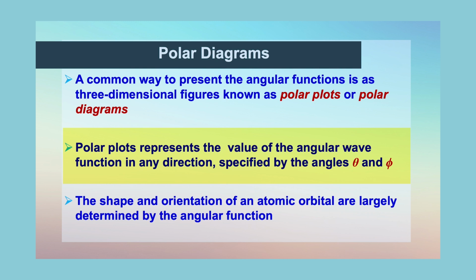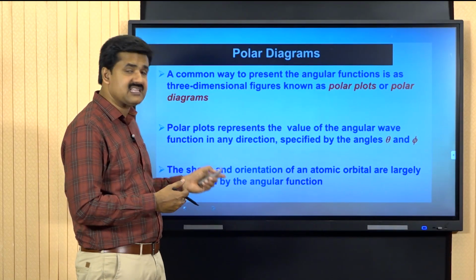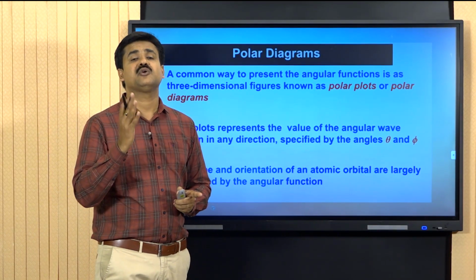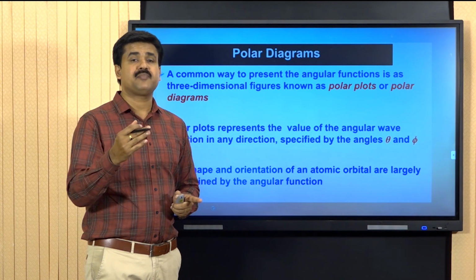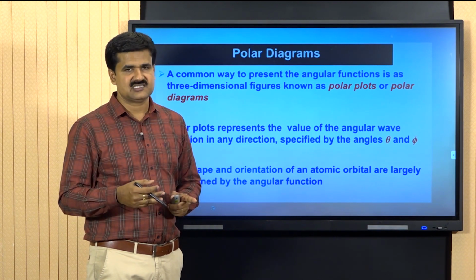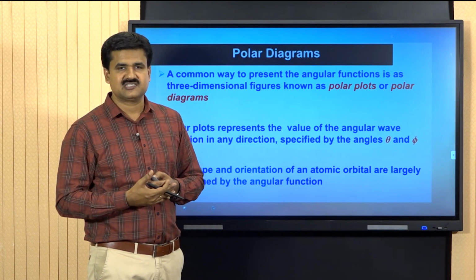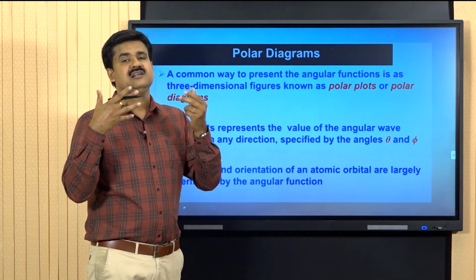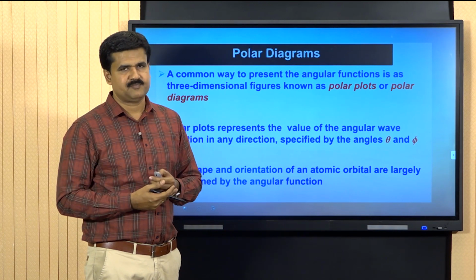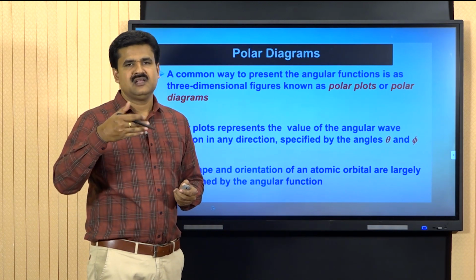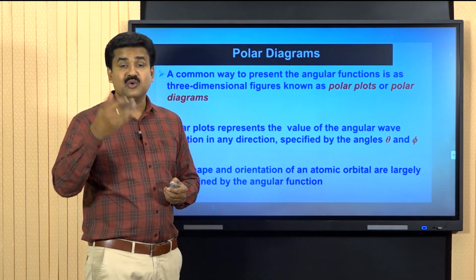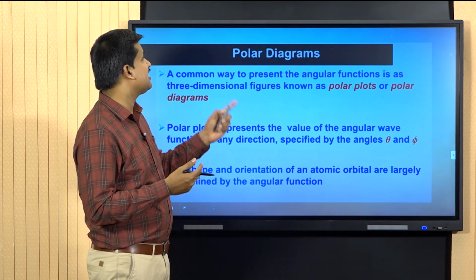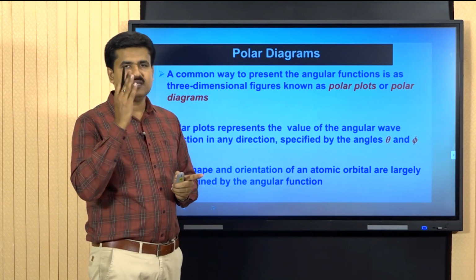The shape and orientation of an atomic orbital are largely determined by the angular function. But the shapes are not essentially angular functions; we have to include the radial function also. Radial probability and angular probability are collectively shown in the case of orbitals. And here we are talking about the representation of the angular function only, which is done as polar diagrams or polar plots.